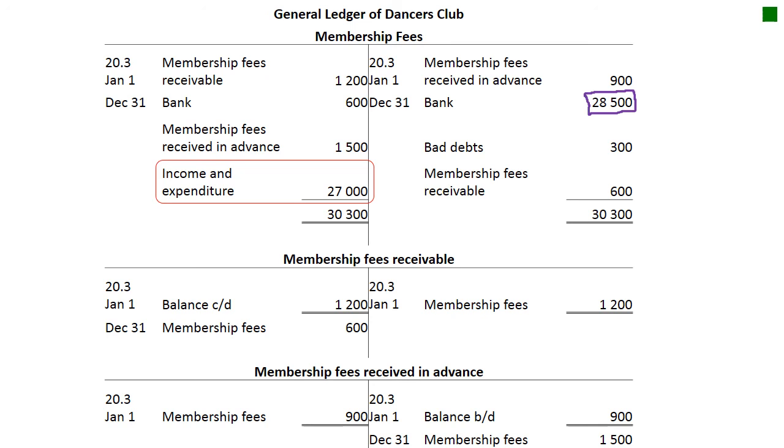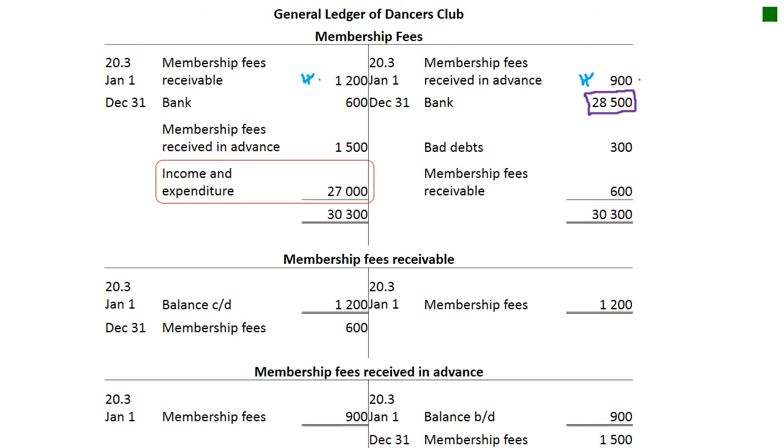So you need to be able to put in all of the amounts like a puzzle and work out the amount that is missing. So in the membership fees account, what you should always have, first of all, is the reversal of the adjustments from the prior year. So we first reverse the membership fee income that was received in the last year, but is actually this year's income, so it gets credited to the membership fee account.